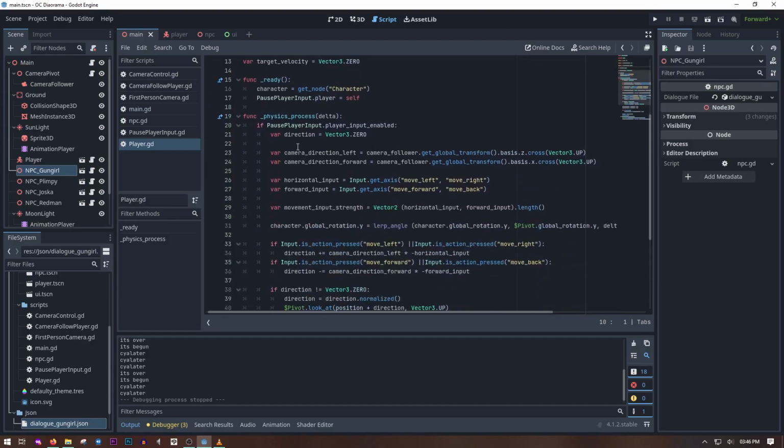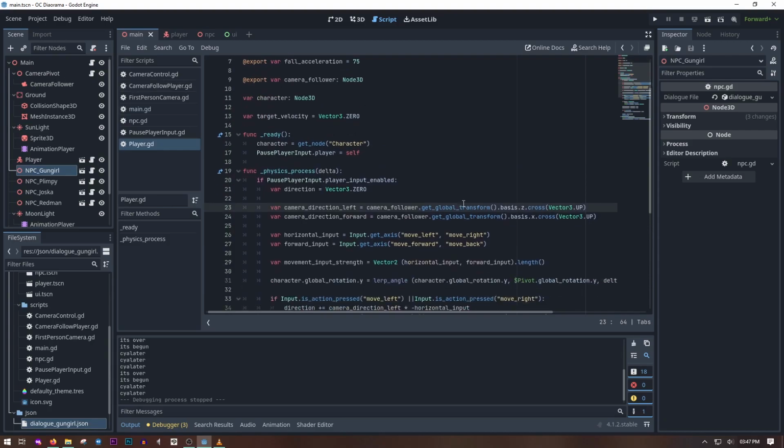So here we go. Camera direction left, camera direction forward. Camera follower, get global transform. So get global transform of the camera pivot and do the basis cross vector 3 up.